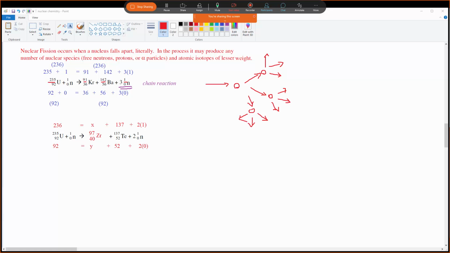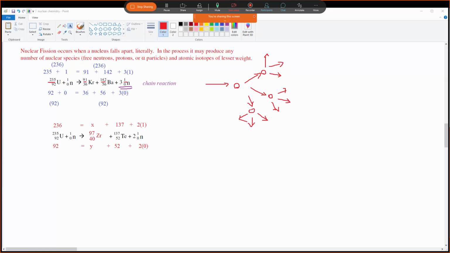Okay. All right, well, let's talk about the next thing we want to talk about, which is the fusion reaction. So in nuclear fusion, it's like the opposite to nuclear fission.